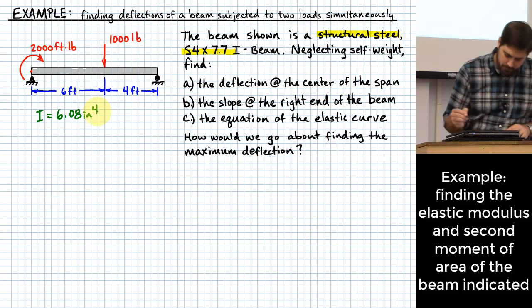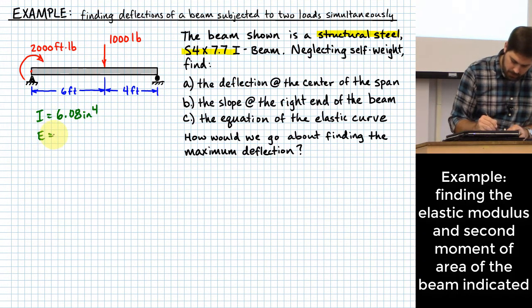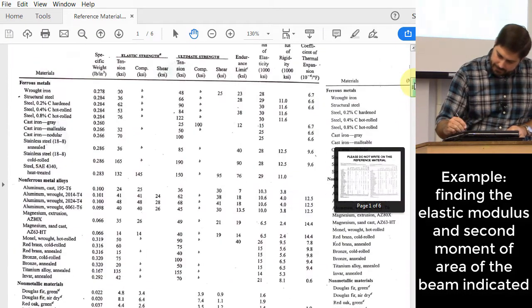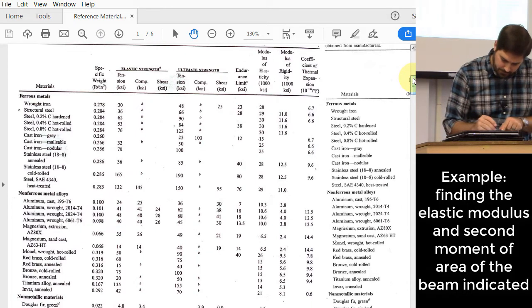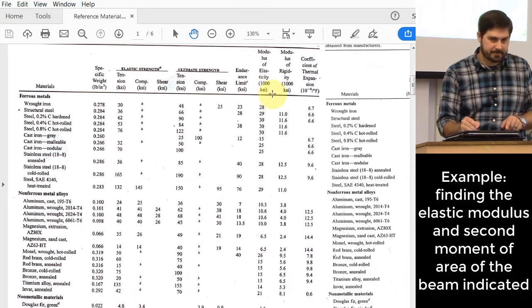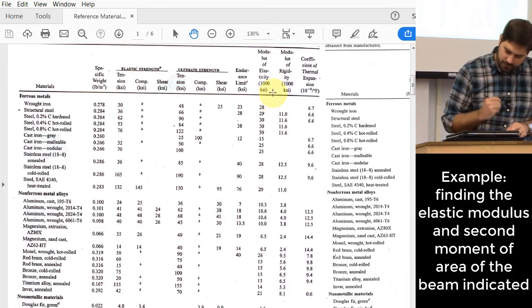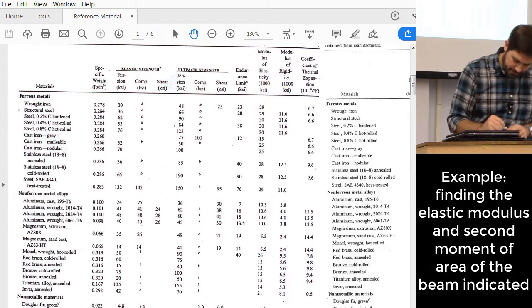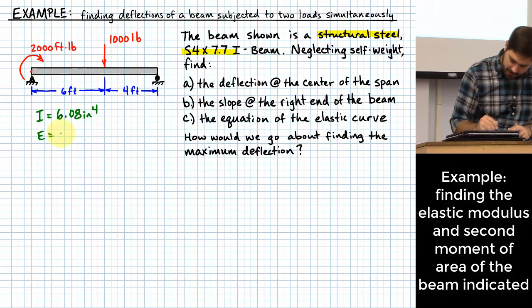And what's E for this structural steel? Structural steel is 29,000 KSI, so 29 million PSI. I'll put that in here, maybe 29 times 10 to the 6th PSI.